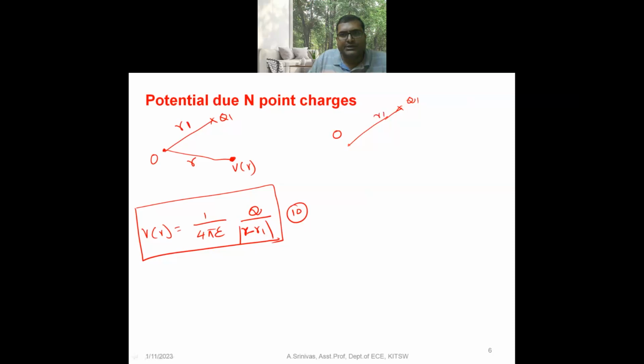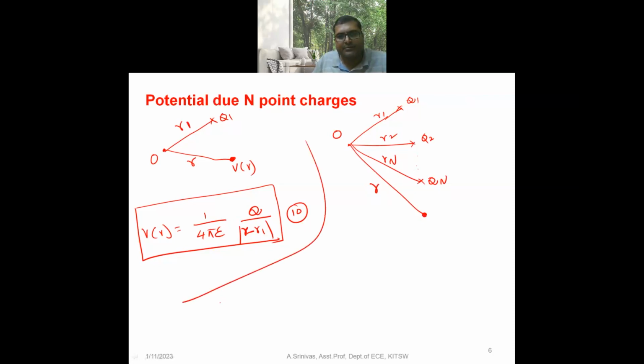Q1 charge with position vector R1, Q2 charge with position vector R2, like that, Qn charge with Rn, and we are supposed to calculate the potential at a point with position vector R. V of R due to n number of point charges is given as 1 by 4 pi epsilon summation k is from 1 to n qk by modulus of R minus Rk.